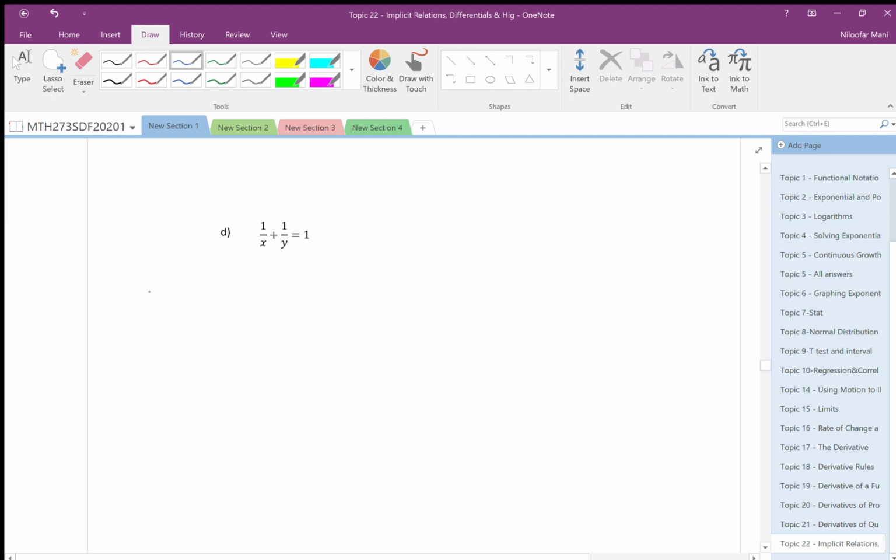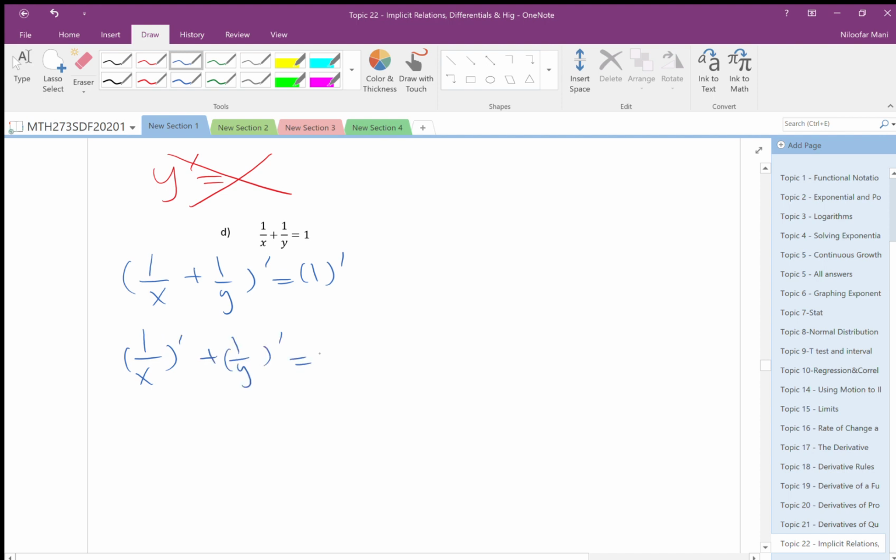Okay, so I have to do derivative of both sides. Okay, so 1 over x. Okay, first, do I start from y prime equal? No, no, no. Okay, so I mention this all the time. So you do derivative of this equal derivative of this. What is derivative of this? So derivative of first plus derivative of second equals 0, step by step.